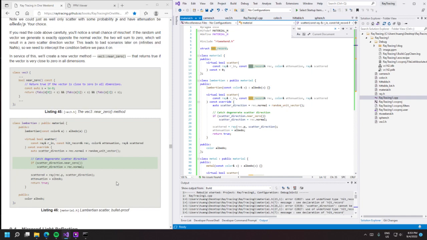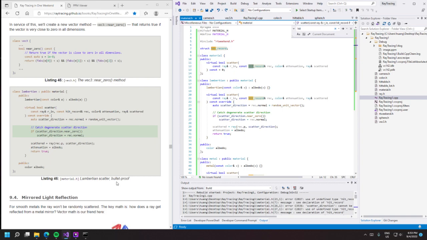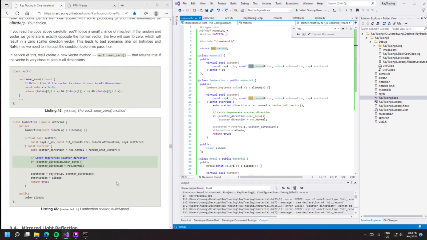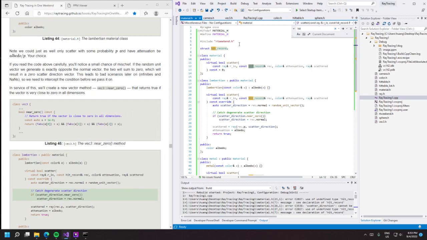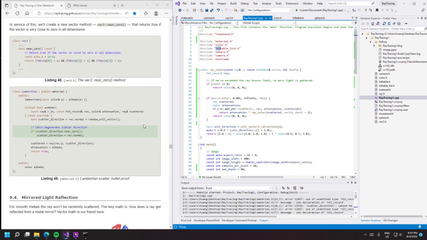Cast to generate scatter direction. What did we do to the main function?